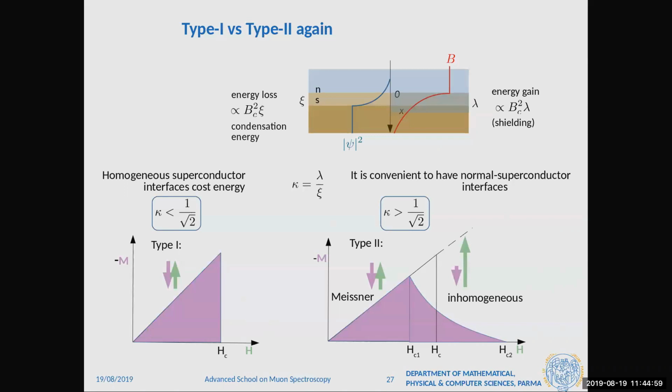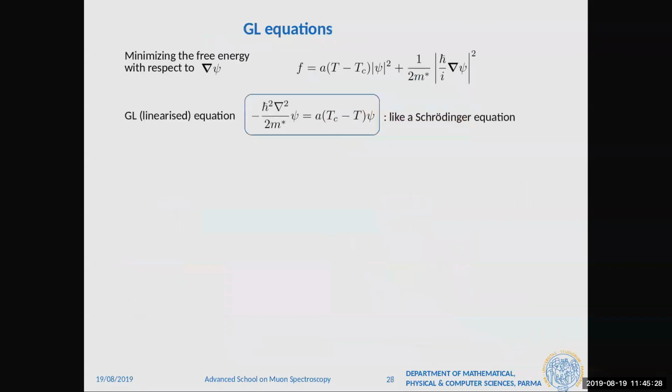Whereas here, you're gaining energy by making interfaces, and this means that if you're clever enough and make enough interfaces, you can even get more field. So you can exceed the critical field that I was talking about before. And actually, in type 2 superconductors, you have two other critical fields. The field where the flux starts to penetrate in the sample, and the field where it stops penetrating.